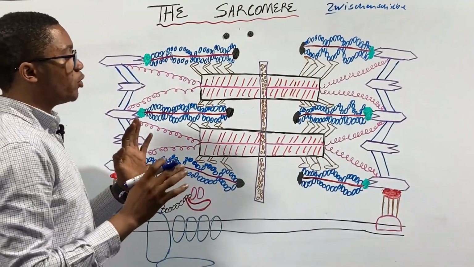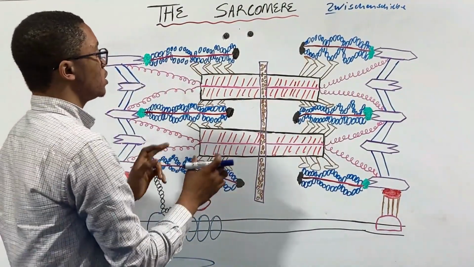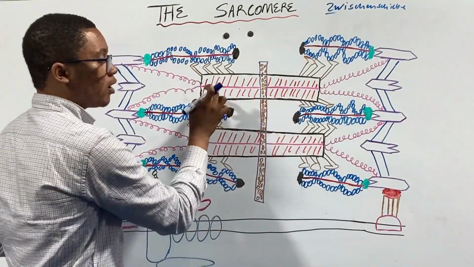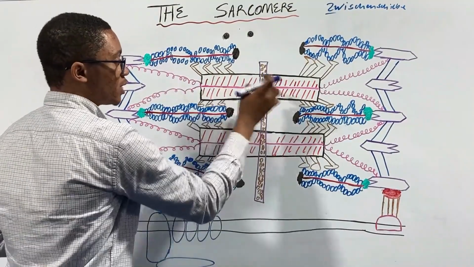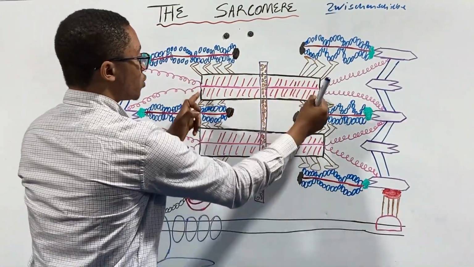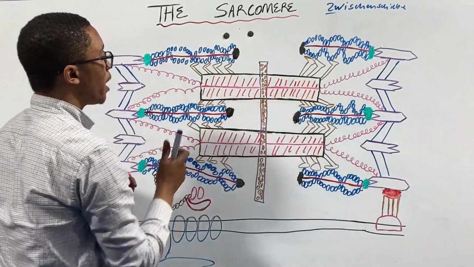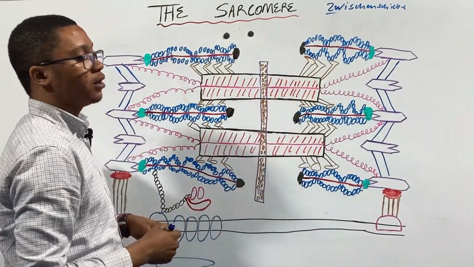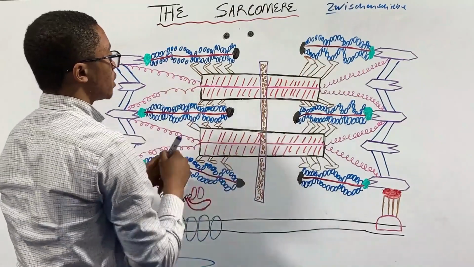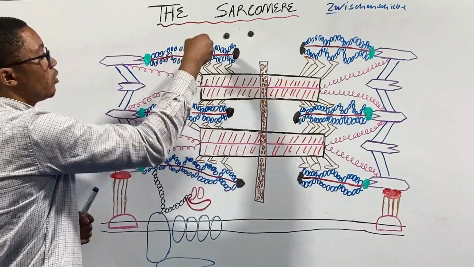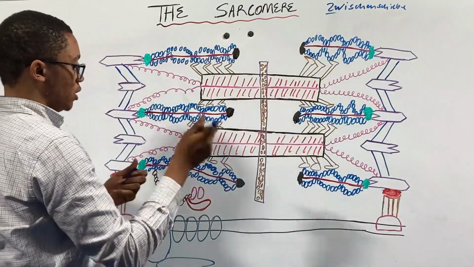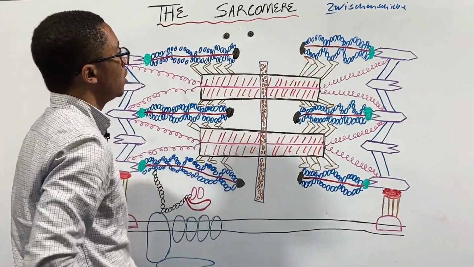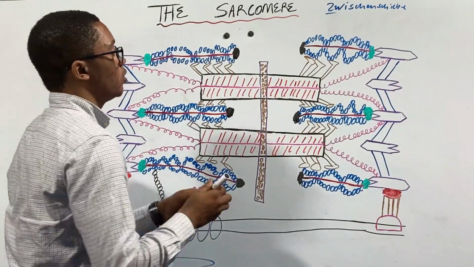Now there are some other structures found here. This rectangular structure, from our last video, is the myosin, and these are the heads, the neck, and the tails of the myosin. These blue circular structures here are the actin. So let me quickly label these now as actin and myosin, so that we will know.